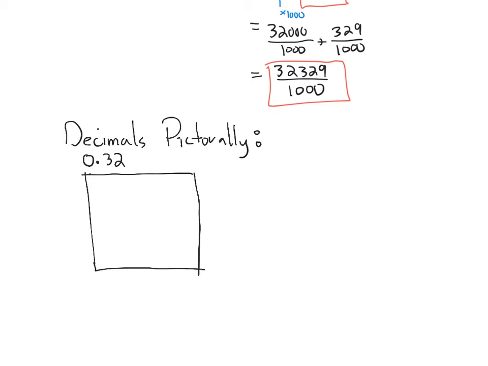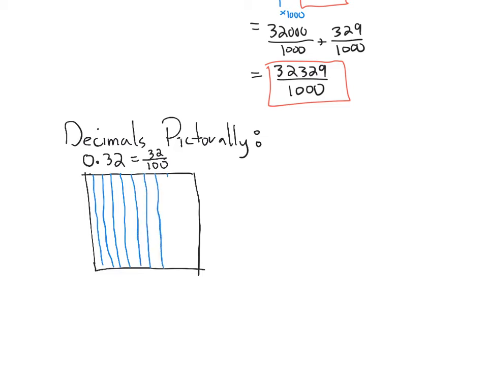We're going to break this up into hundredths. So let me break up my unit into 100 equal pieces. So we'll break it up into 10 pieces. 6, 7, 8, 9, 10.